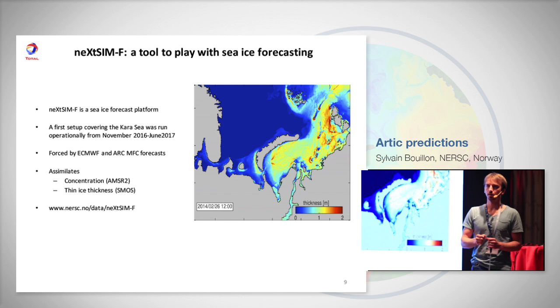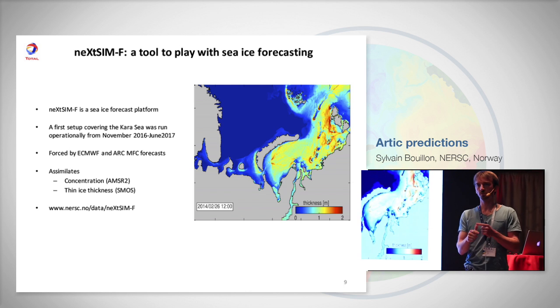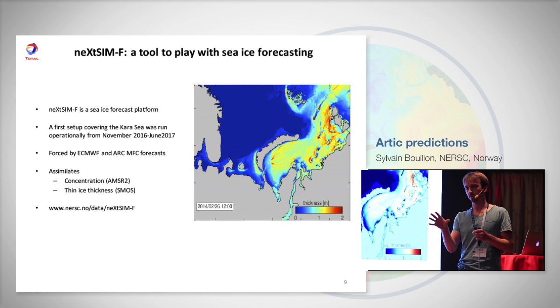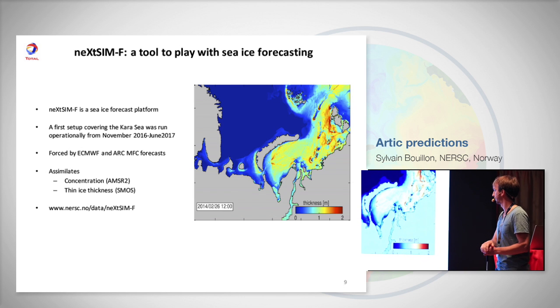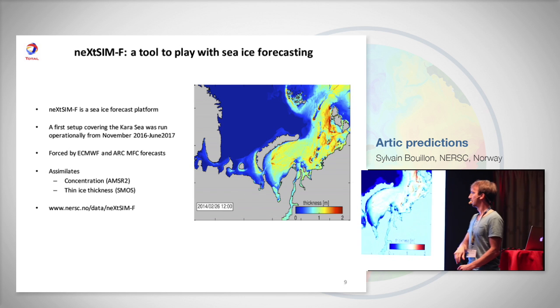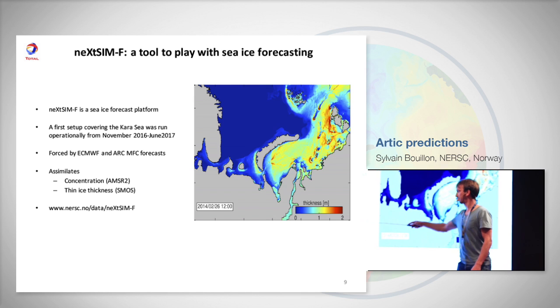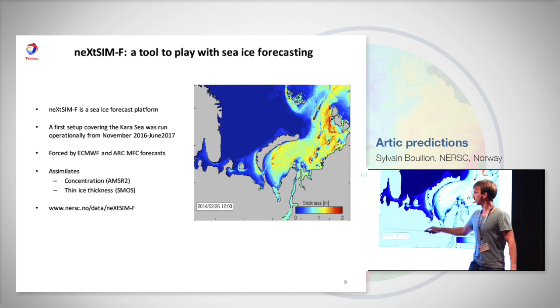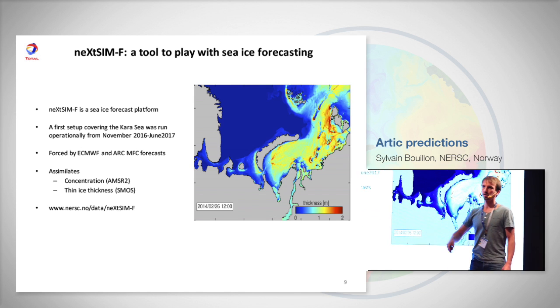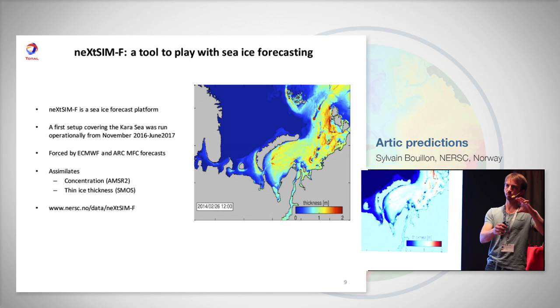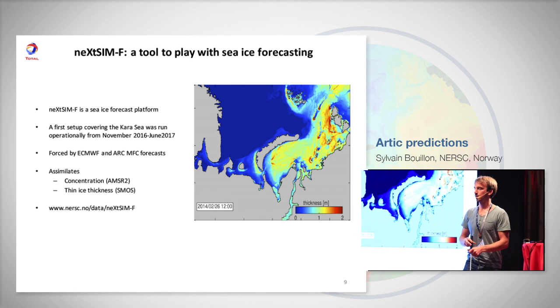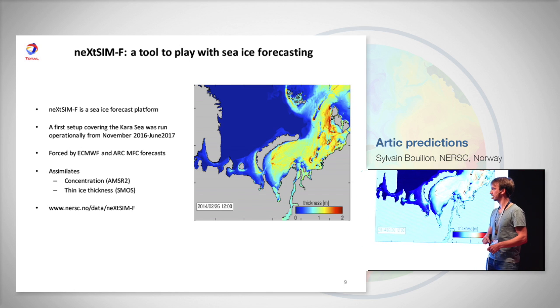We assimilate the concentration from AMSR2, which is a microwave-based data set. And we also assimilate the thin ice thickness from SMOS. So SMOS, it's a satellite that only sees the ice when it's thin, and the signal is saturated for thick ice.